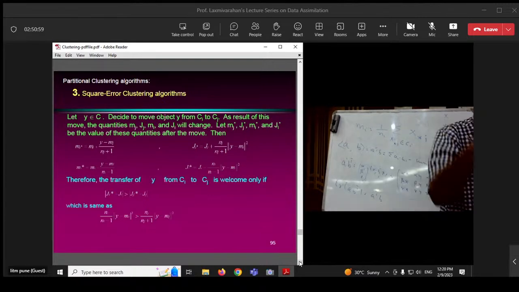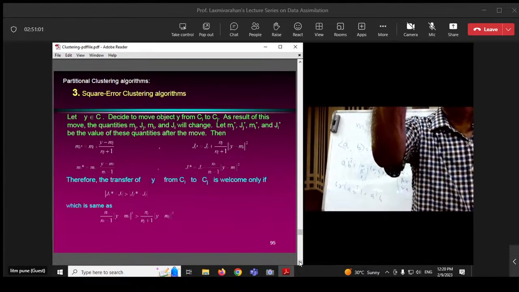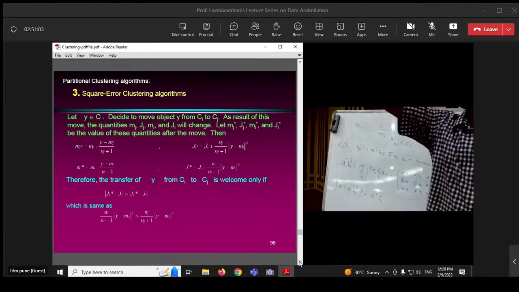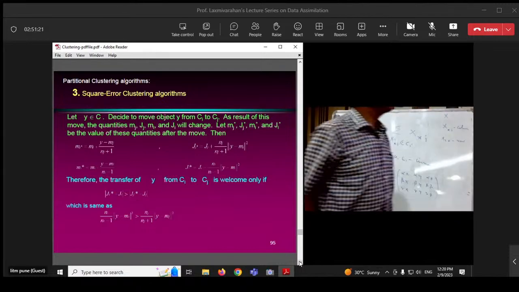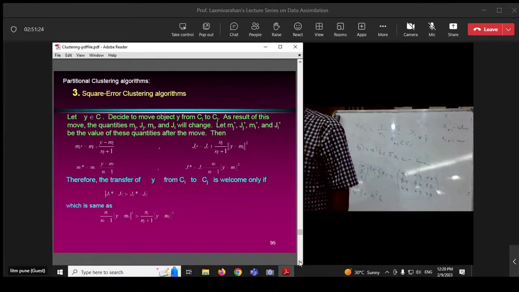You remember Ji, Jj from the previous slides, the sum of square error criterion. The receiving one is going to increase, the losing one is going to decrease. So I'm going to update the receiving one from J to J star, plus or minus. Are you with me?